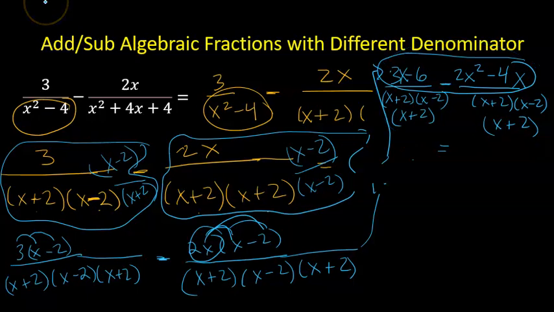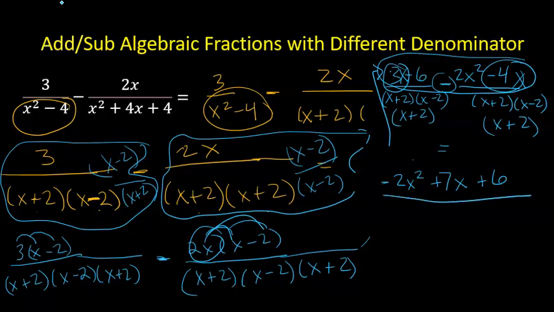All right. Now, let's go ahead and rewrite it. I have negative x squared, which would give me positive 7, right? 3x minus negative 4x is 7x plus 6, all over x plus 2, x minus 2, x plus 2.